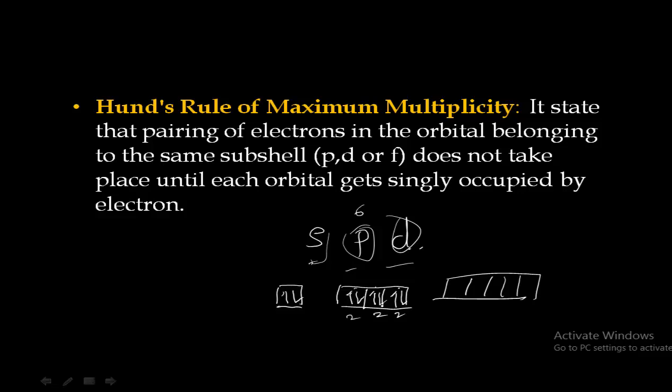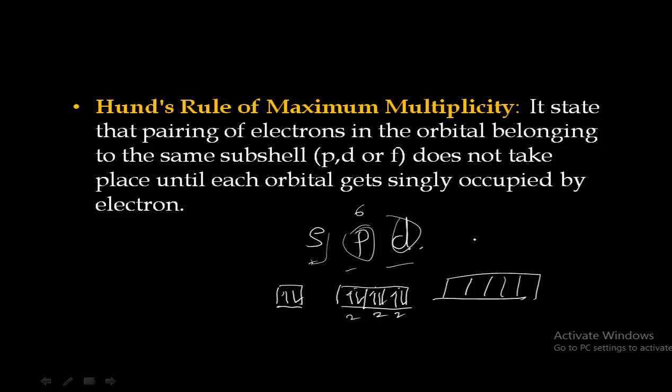Okay, so whenever we have electrons, they will be filled in the orbitals such that they get singly occupied by the electron. After that, we will start to pair up the electrons.